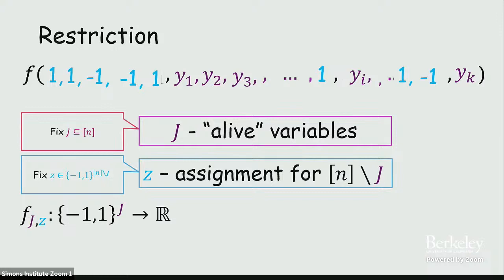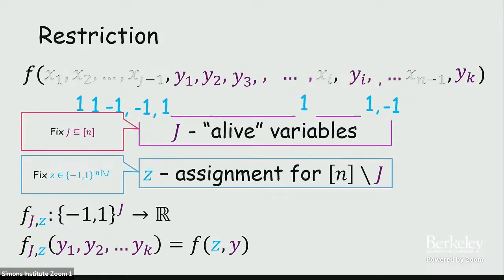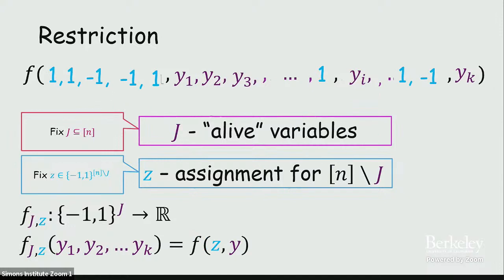It goes from {-1,1}^J to R, and its values are defined to be the same as the original function with the fixing z. So z goes to some subcube of the function and takes the values there.